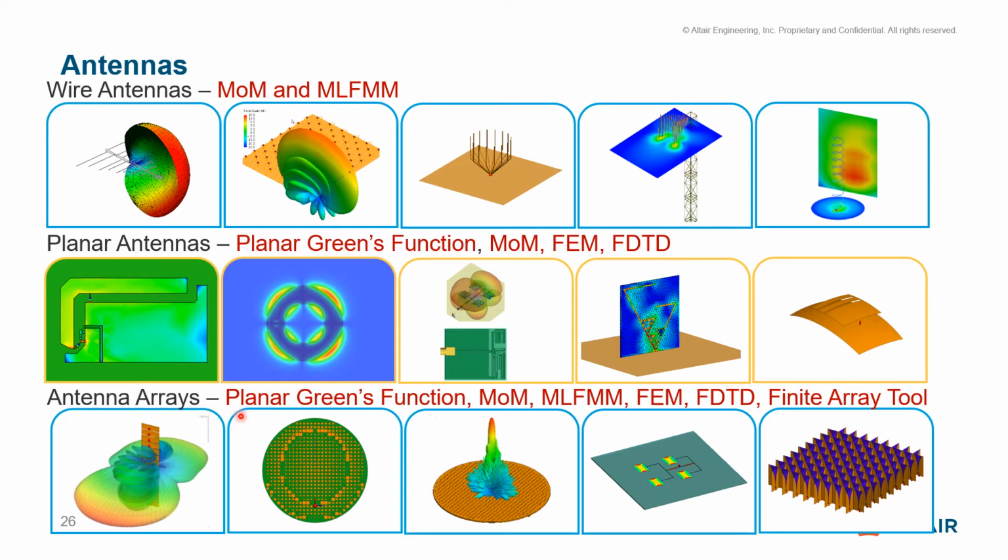When it comes to antenna arrays, again, you can use planar Green's function or method of moments, MLFMM or FEM or FDTD, again based on complexity of your array structure. Also, as we discussed before, the DGFM methodology can also be used for finite array analysis.